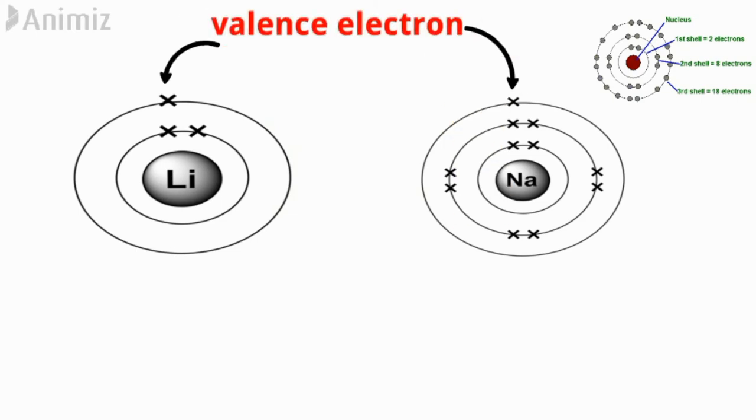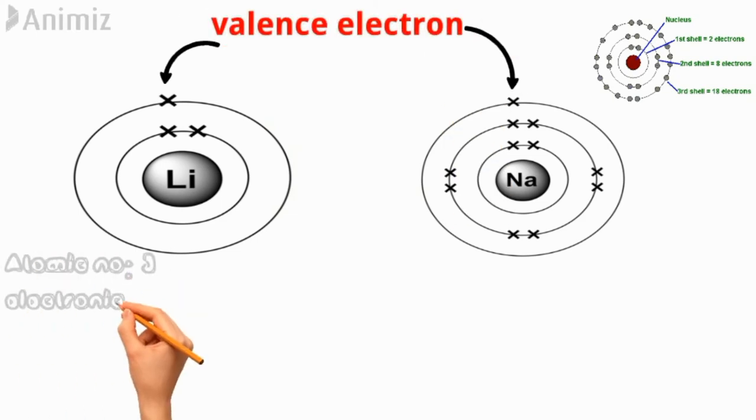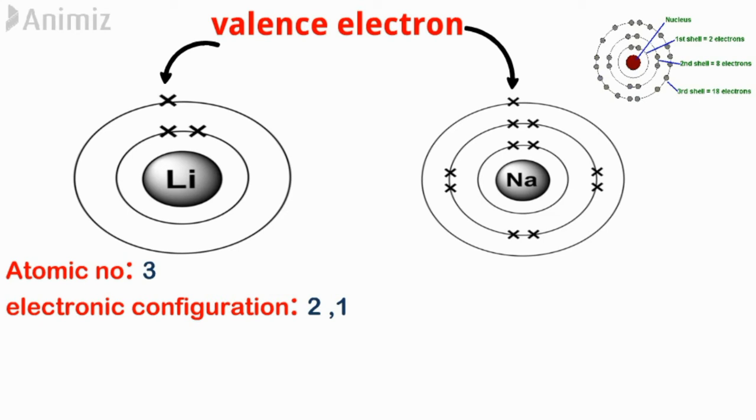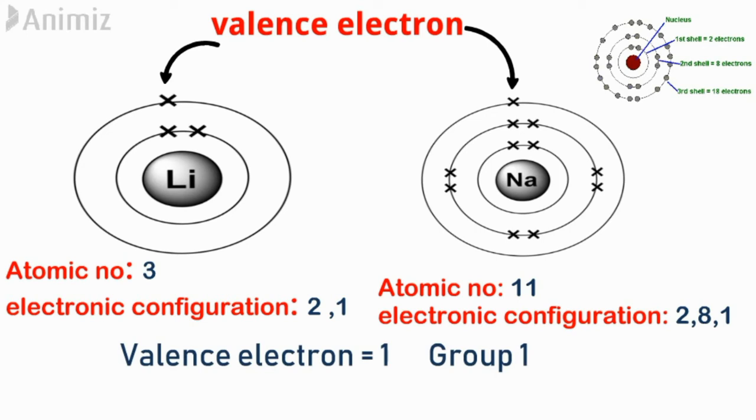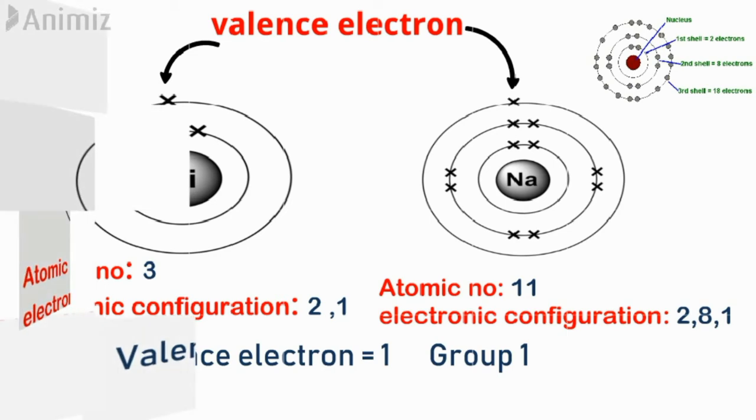The atomic number of lithium is 3, and you can write the electronic configuration as 2, 1. The atomic number of sodium is 11 and you can write the electronic configuration as 2, 8, 1. So in both lithium and sodium, the valence electron is 1. Therefore, these elements belong to group 1.